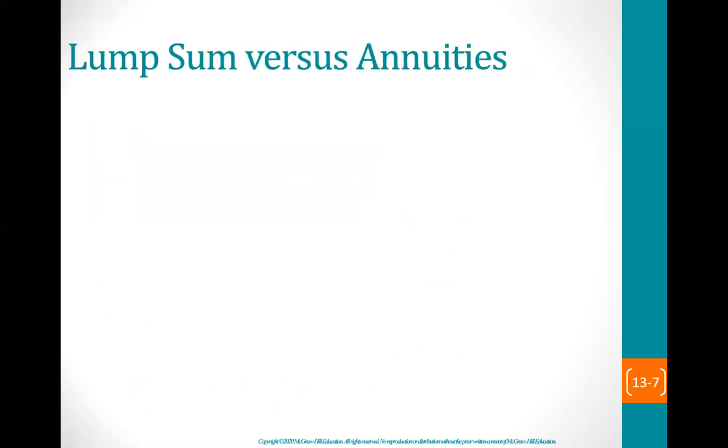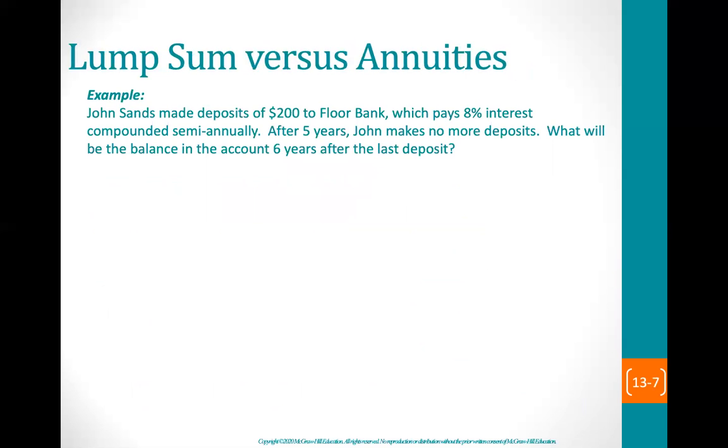Lump sums versus annuities. John Sands made deposits of $200 semi-annually to Floor Bank, which pays 8% interest compounded semi-annually. After 5 years, he made no more deposits. What will be the balance in his account 6 years after the last deposit?